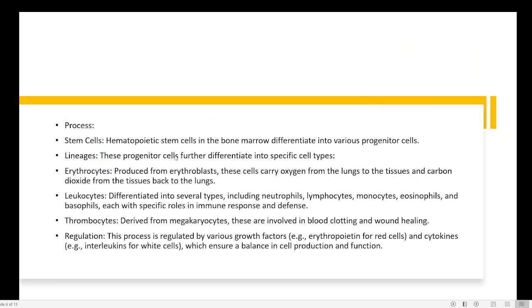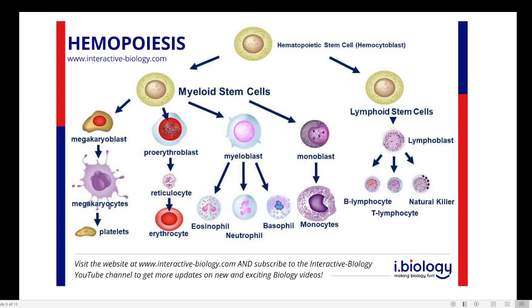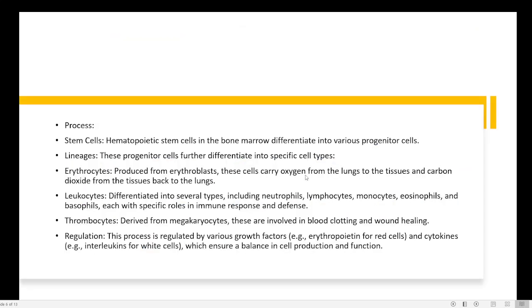That is the meaning of various progenitor cells. And these progenitor cells further differentiate into specific cell types. For example, erythrocyte is produced from erythroblast. Here you can see that erythroblast will be developing into erythrocyte.